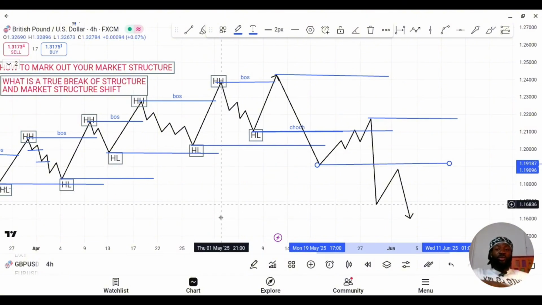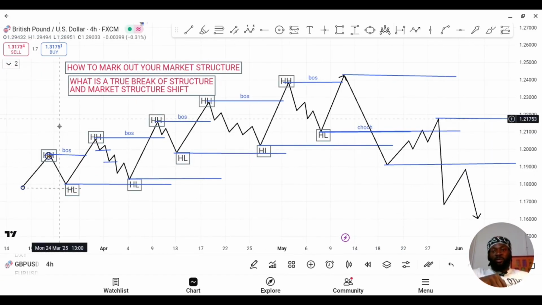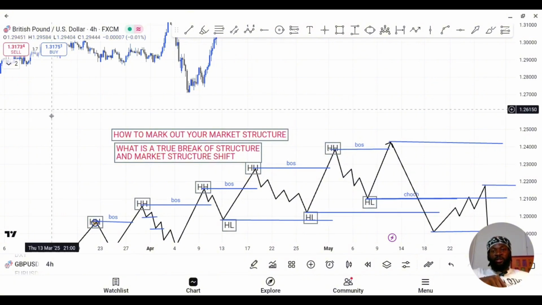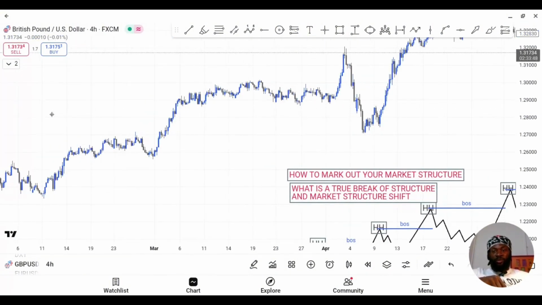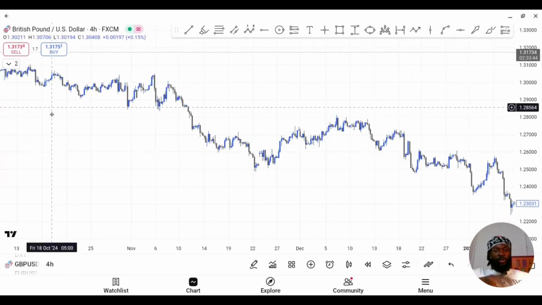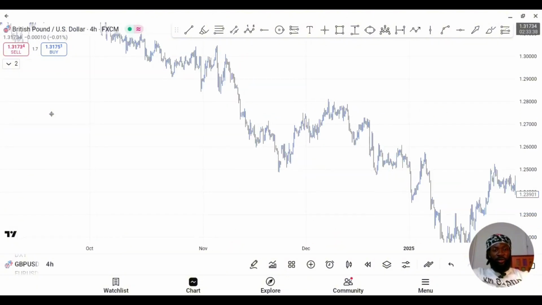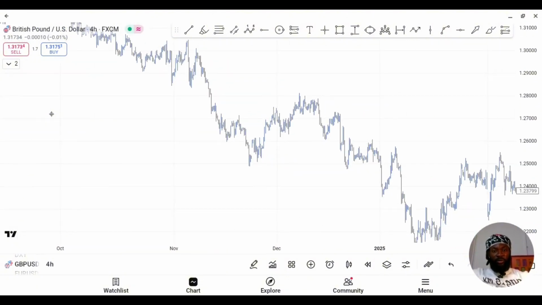So without wasting much of your time, let me head over to the chart and let's see the practical examples. Let me just find a random chart. So I will pick from anywhere. It works like magic.